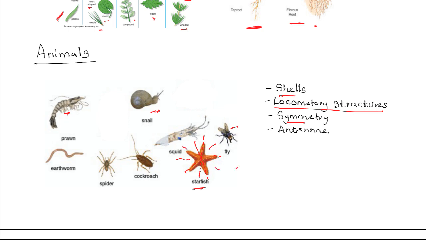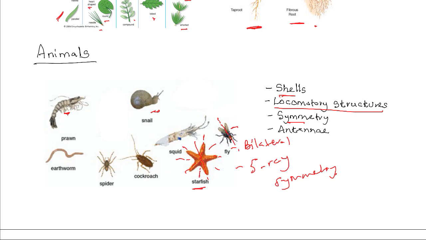So it's said to have a 5-ray symmetry. While an animal like the fly can only be divided into 2 equal halves along one plane. So the fly is said to have a bilateral symmetry. So symmetry is also a feature that is used to classify living organisms.